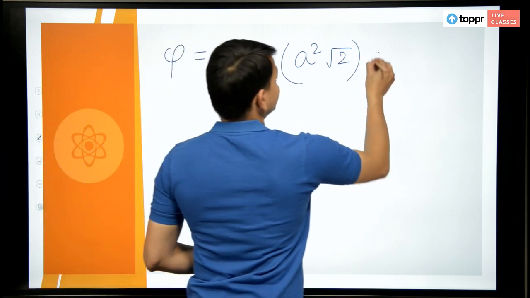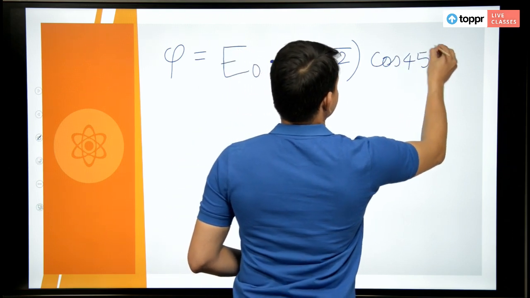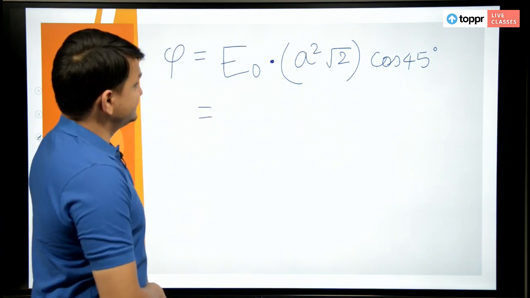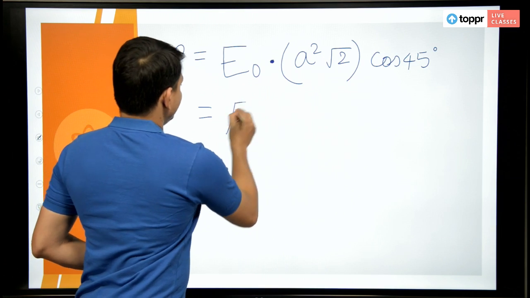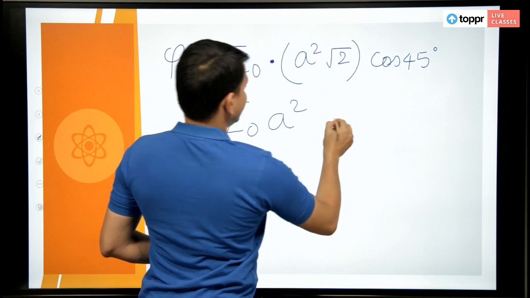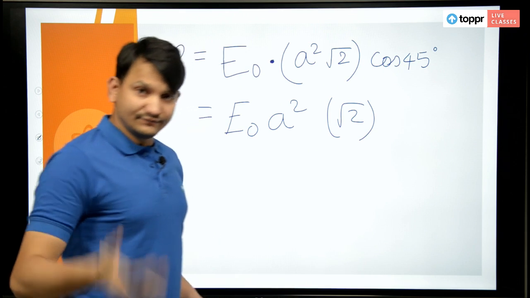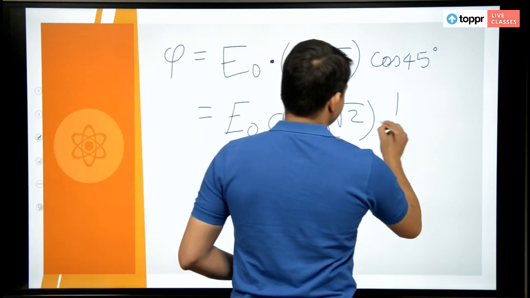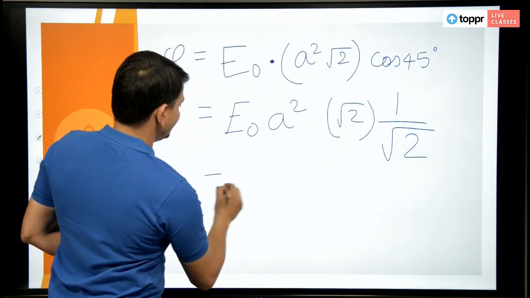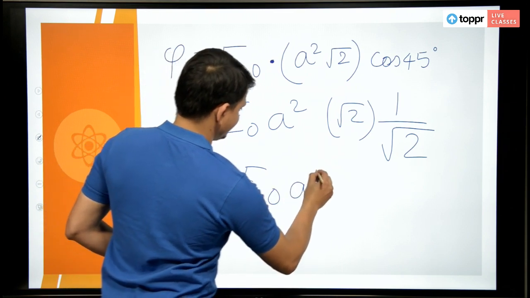So cos of 45 gives us E naught A square root 2 times cos 45, and cos 45 is 1 divided by root 2, that gives us E naught A squared, I am sorry.